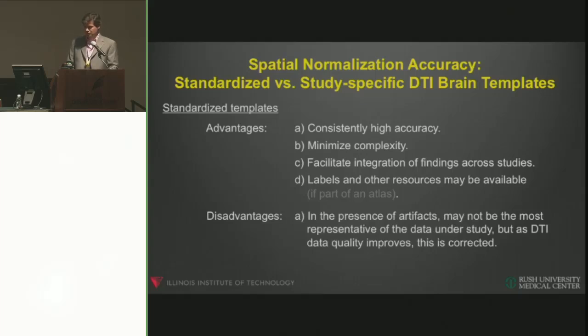The main disadvantage of standardized templates is that in the presence of artifacts, they may not be the most representative of the data under study. But as the DTI data quality improves with your connectome scanners and so on, this problem is corrected, and actually standardized templates and study-specific templates in terms of spatial normalization perform very, very similarly.